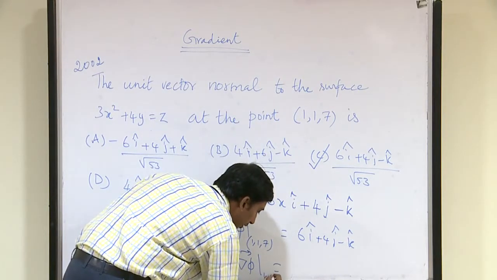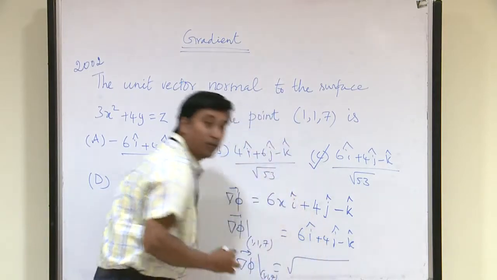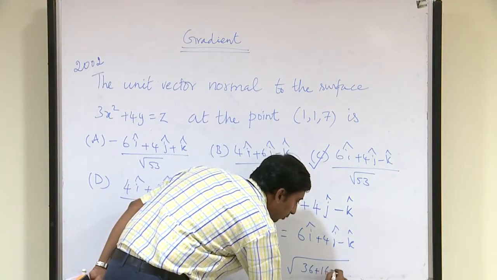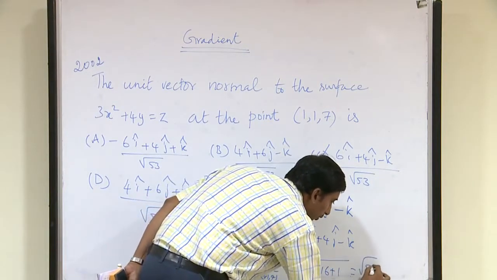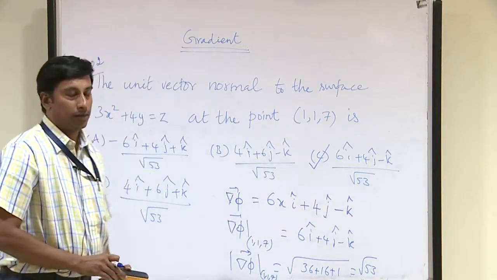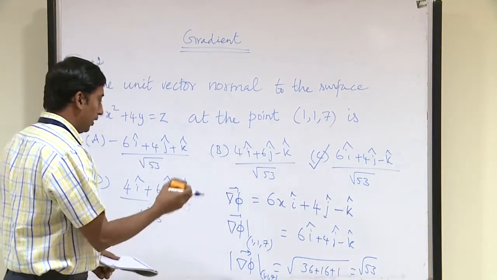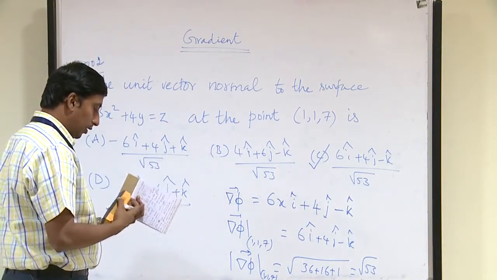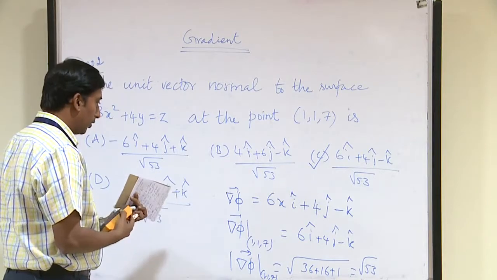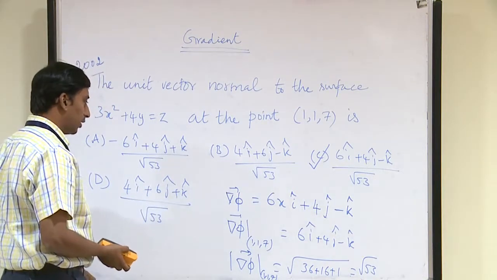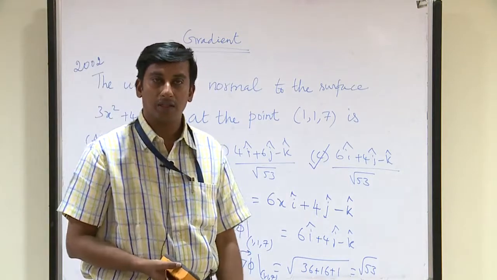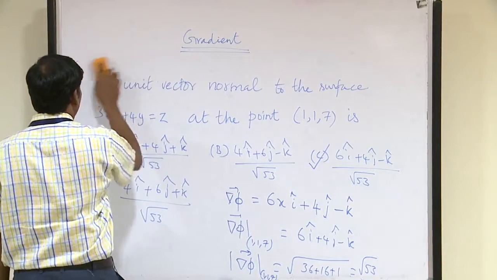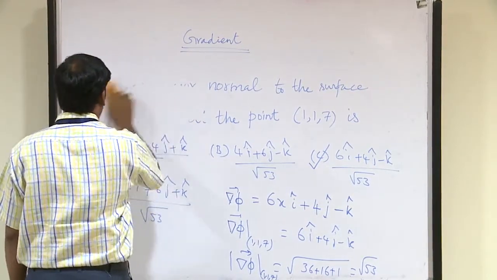It is square root of 36 plus 16 plus 1, so that is square root of 53. So that is the answer. In the first case we just evaluated gradient of phi. Now we have found a normalized unit vector normal to the surface. Now we have a third type.